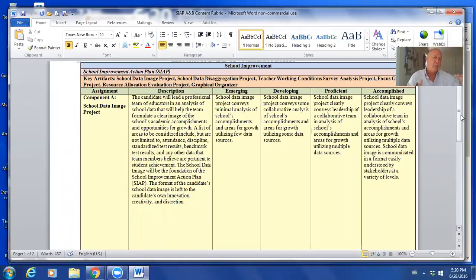How did they come up with a focus group to say, well, these are 20 things that need to be fixed at my school, but we're going to focus on these 3 to try to get better in the next year. And we're going to put these resources there. And then, anyway, I would work backwards on the SIAP. What is our school improvement leadership team? What is our plan? And where did the data come from?